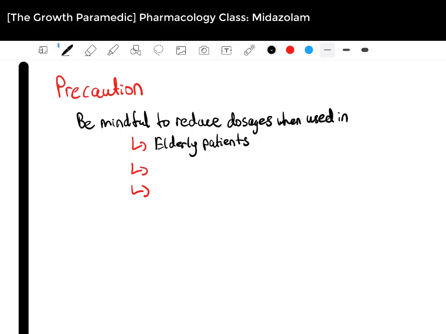Patients with chronic renal failure. I'm not going to explain exactly all the reasons why. You can research them yourself, but these are the ones that you should be aware of if you're going to be using it for. So cardiac failure or shock.